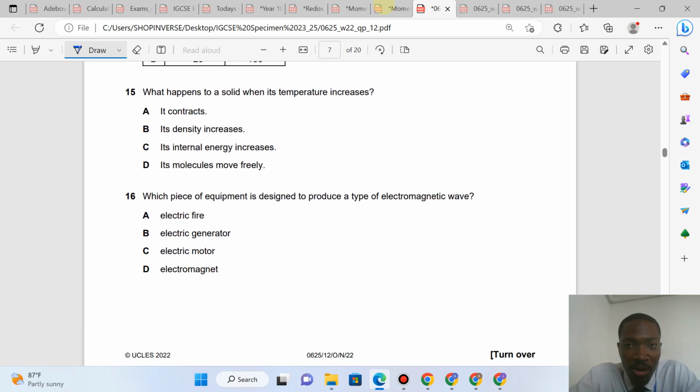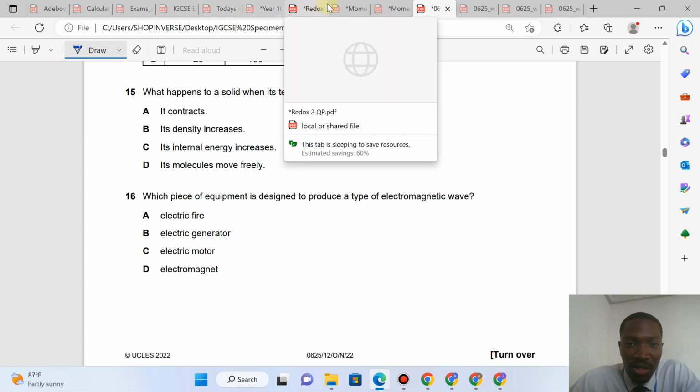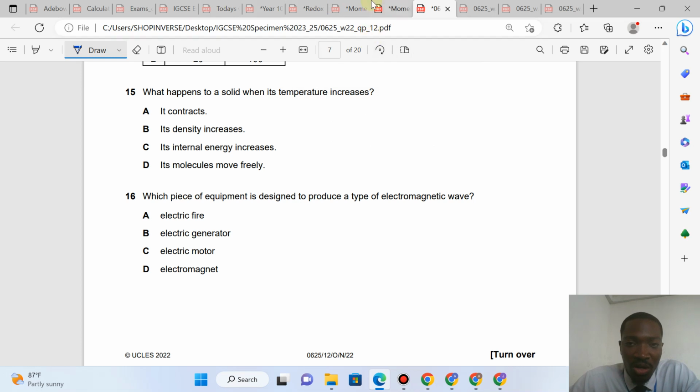Question 15. What happens to a solid when its temperature increases? When you increase the temperature of a solid, what happens? It contracts, no. Its density increases, no. Its internal energy increases. That is correct.